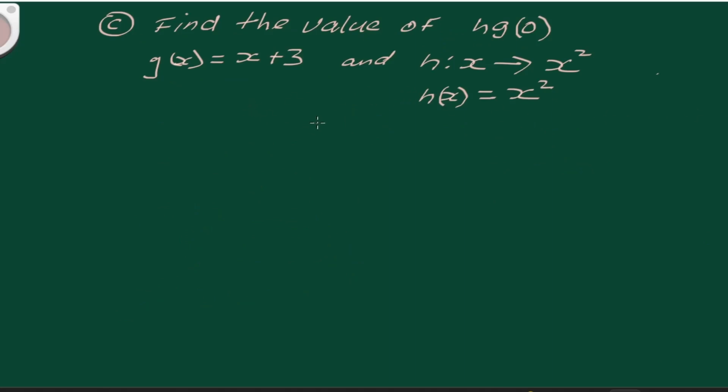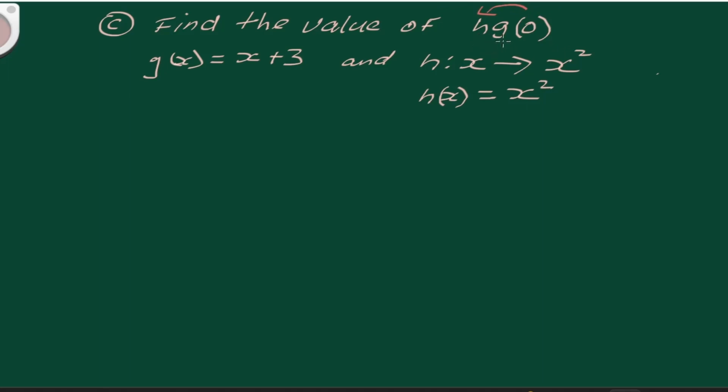Looking at C, the final question here, we're asked to find the value of HG of 0. Now, in this type of question, we know that we're going to take this function and input it into the function in front.